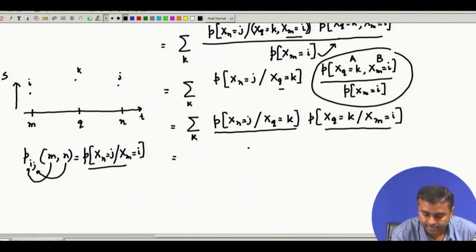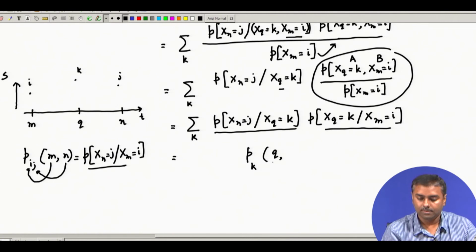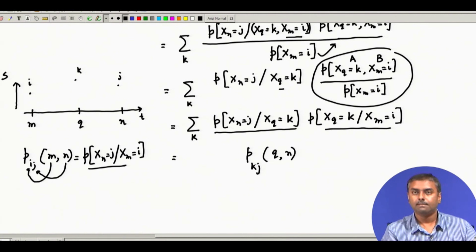So, can I write this: the probability that it was in k in instance q and then in the nth instant it goes to j. This follows exactly from the definition. Now, what is this?